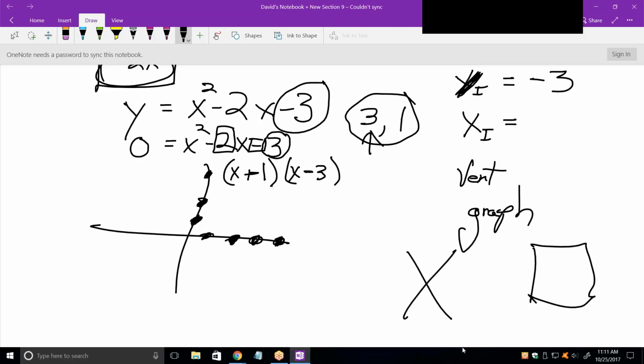So where are my x-intercepts? In other words, I've got a parabola that does something like that. What are both of these values? Are they equal to 0?